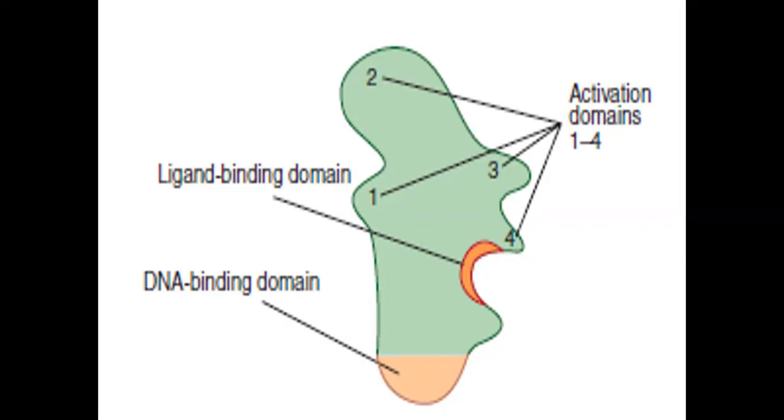Now, for steroid hormones, there is an additional part of the receptor we call the DNA binding domain. You do not see this in cell surface receptor molecules, but you only see the DNA binding domain in cytoplasmic receptors and nuclear receptors, since these are the only receptors which go inside the cell to produce a certain physiological effect.